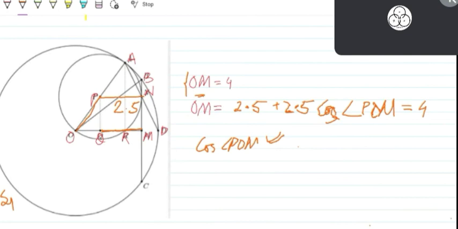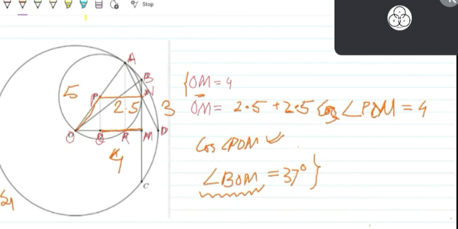Now, can we find out any information about angle BOM? See, this is 4, this is 3, this is 5. Angle BOM is 37 degrees, a very popular angle, right? We all know this.